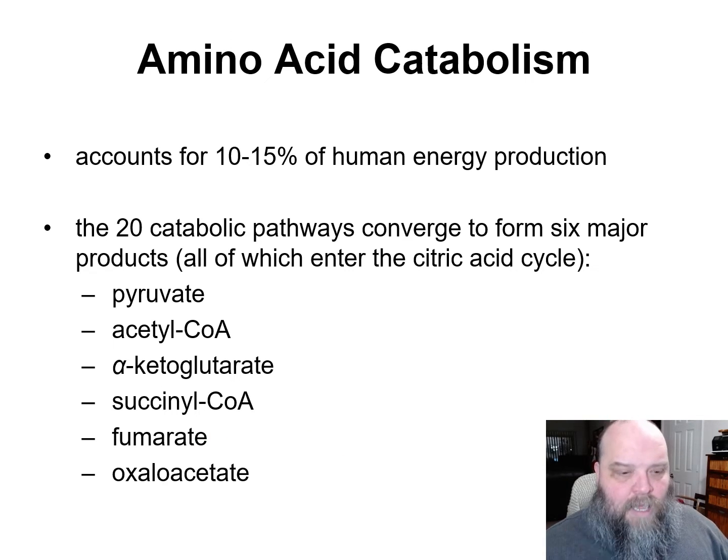I've been trying to hammer it home. You may have learned individual pathways in intracellular molecular or cell biology, but these pathways are not individual. They are not independent of each other.